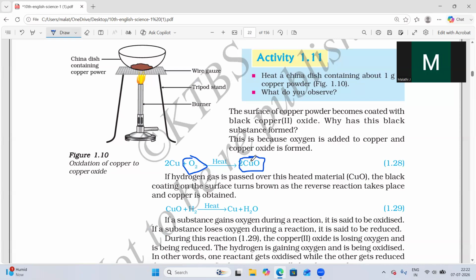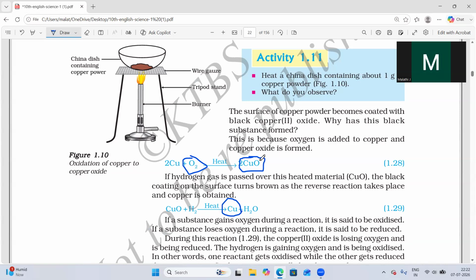If you pass hydrogen gas over this copper oxide, what will it become? The black coating on the surface turns brown, which means we get copper back. It is the reverse reaction.